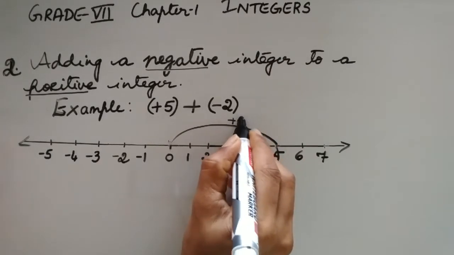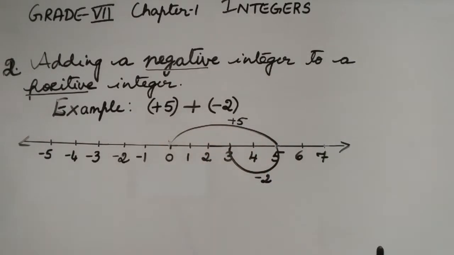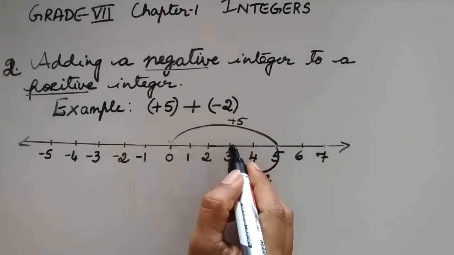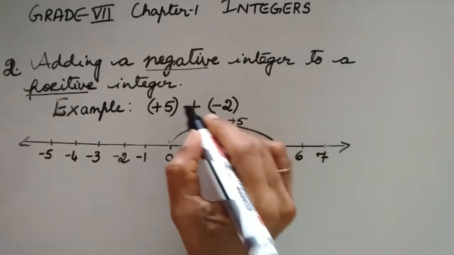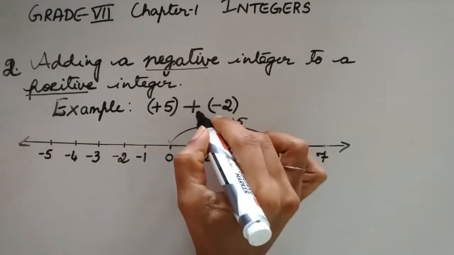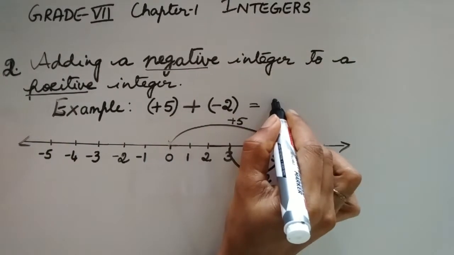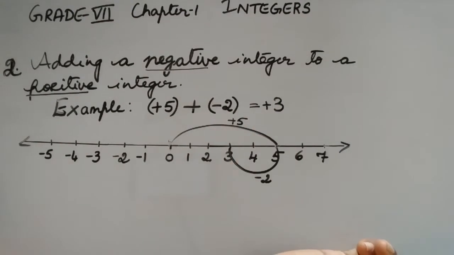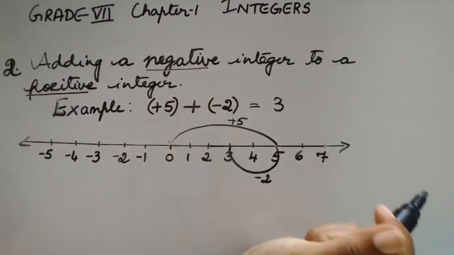So this is plus 5 and this becomes minus 2. So where did we reach? We reached plus 3. So plus 5 plus minus 2 is 3, or we can write plus 3, or simply we can write it as 3. Is this clear, students?